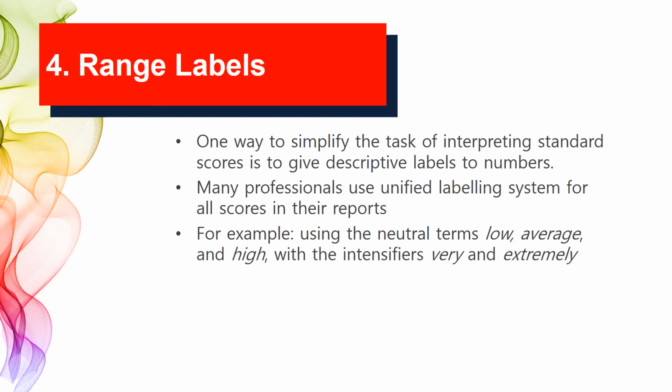Now, a specific example using the Wechsler scales. The Wechsler scales use categories of very superior to extremely low, whereas many of the Kaufman instruments use categories of well below average to well above average or lower extreme to upper extreme.